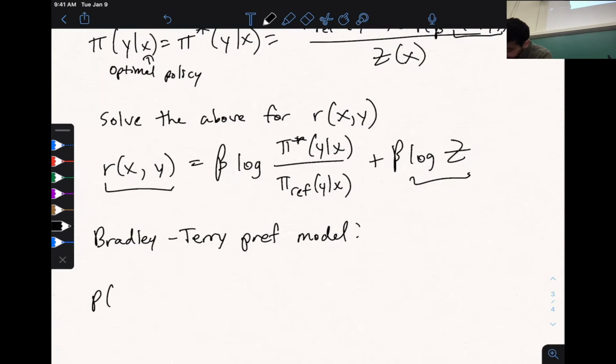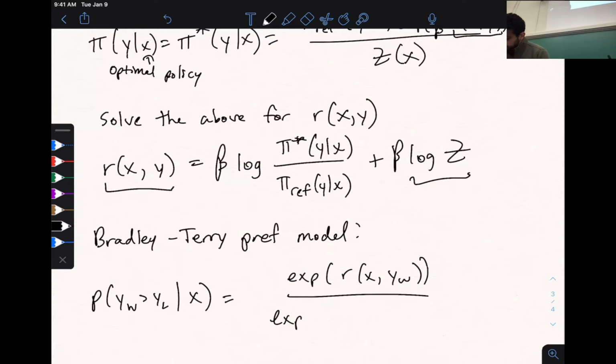We were specifically looking at the probability of preferring the good output over the bad output given the prompt is equal to the exponentiated good reward over the sum of the good reward and the bad reward.